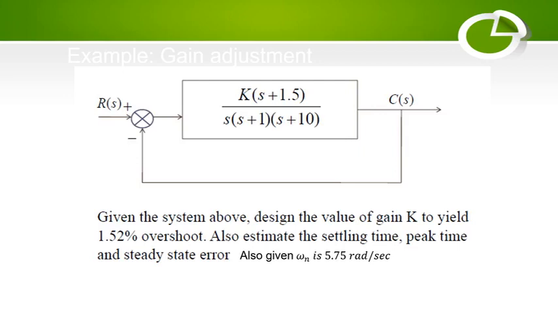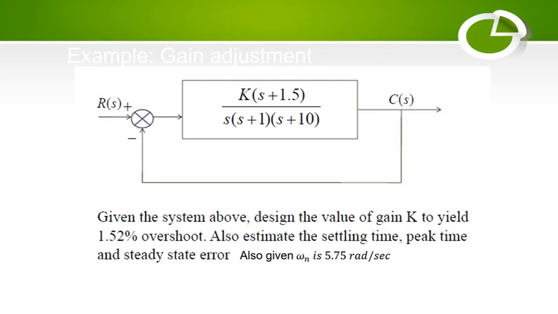This is a closed loop control system. It has a 0 at minus 1.5 and it has 3 poles at 0, minus 1 and minus 10.